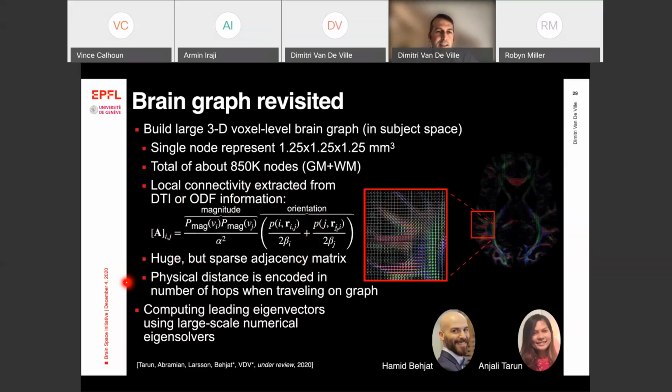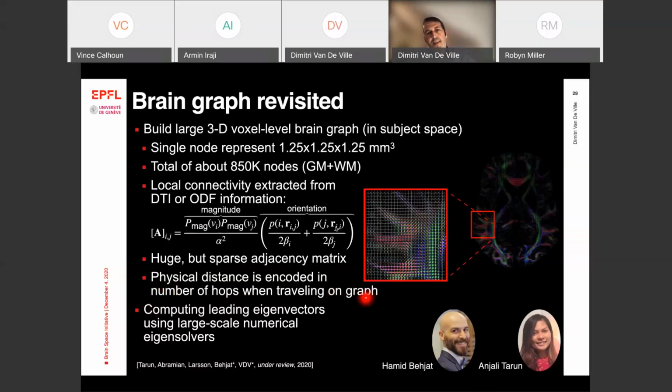What is really key is that this graph, although it looks maybe at first hand cumbersome, and it is in a way, is actually encoding physical distance in the number of hops that you would do if you travel on the graph.